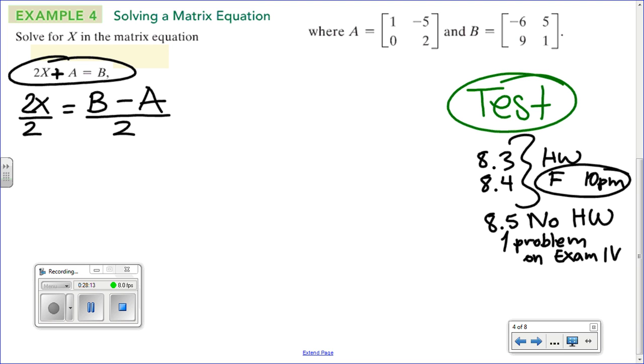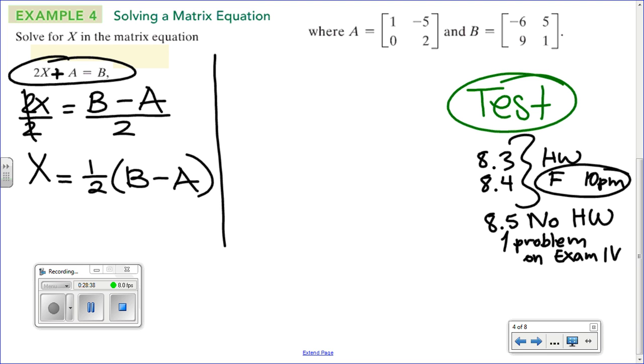Remember, with matrices we don't have division, but we do have multiplication by a scalar. So dividing by 2 is the same as multiplying by 1/2. Make sure you don't leave that problem unanswered on your test, please.